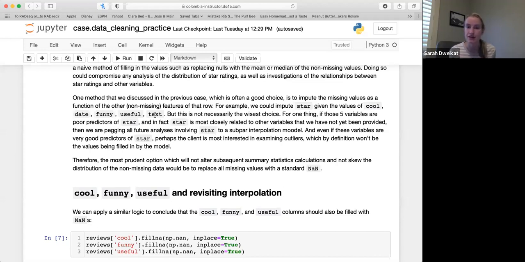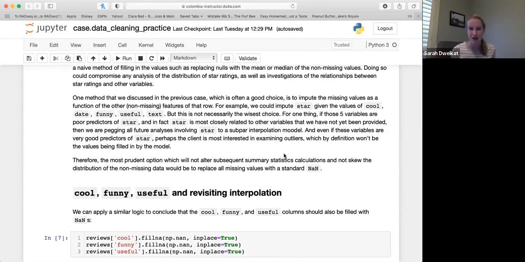Let's say that star had a relationship to the columns cool, date, funny, useful, and text. We will go ahead and learn how to put in missing star values based off of our other data in our data set. But you should always be cautious of that and know what you're actually going to do with this data in the end, or what your client is going to do, before you fill those values in.